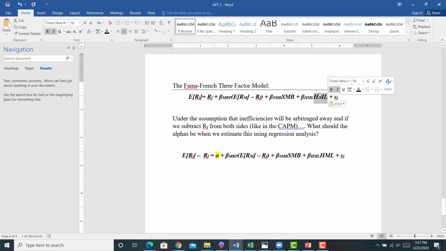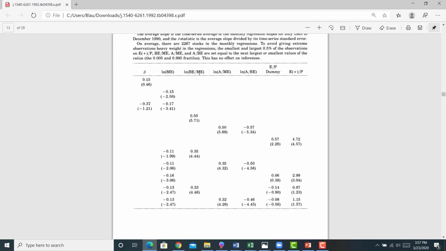Okay, this is the high minus low risk factor. Again, we don't know what's causing the book to market ratio that predicts future positive stock returns. We don't know what's causing the risk that's causing that return premium. All we know is that there is a return premium.